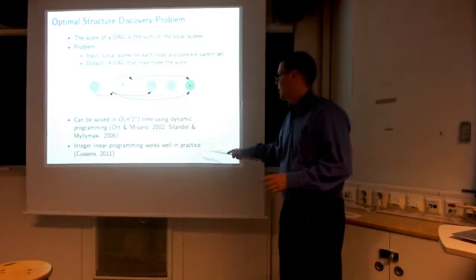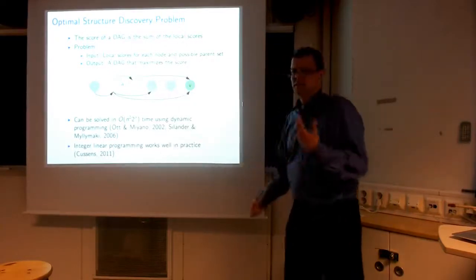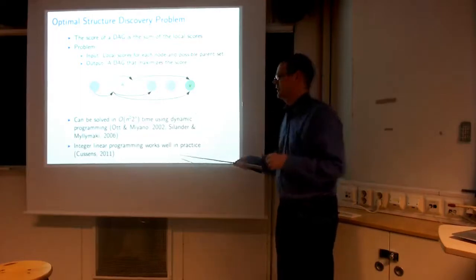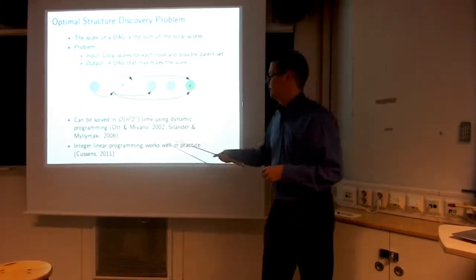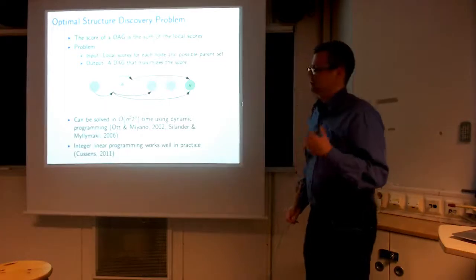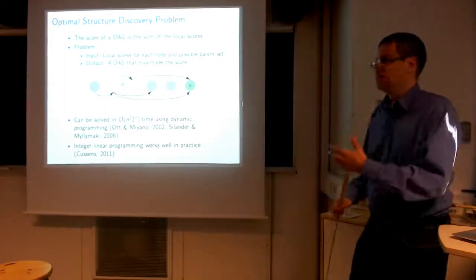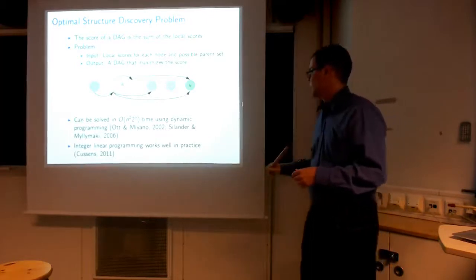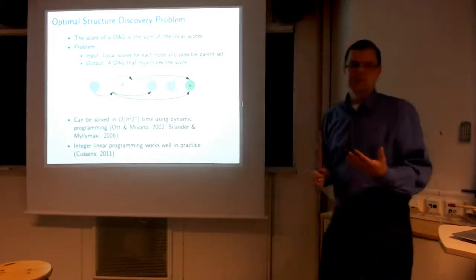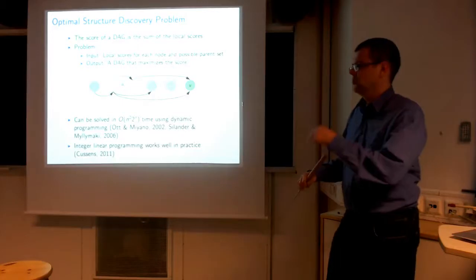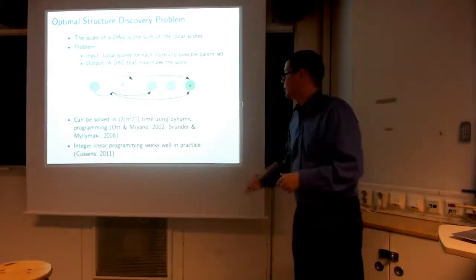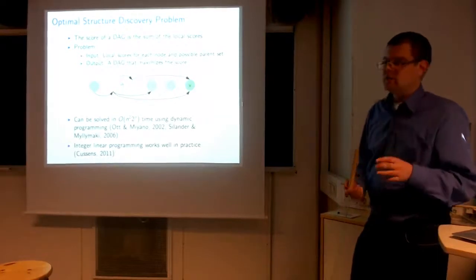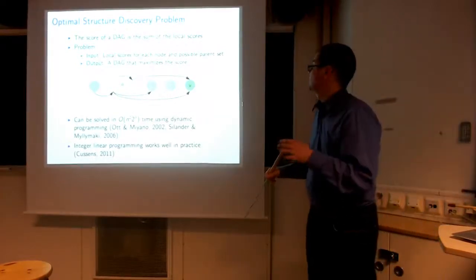These are exact algorithms, so they are guaranteed to find the optimum. Then of course we can use heuristics. With integer linear programming, there is a nice thing that it's an anytime algorithm. You can stop anytime and take the best feasible solution so far, and then you get an upper bound for the quality of the found network, or the score.